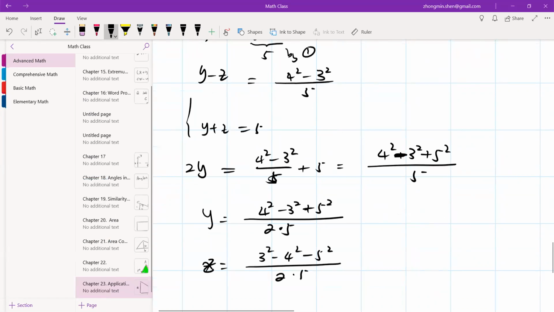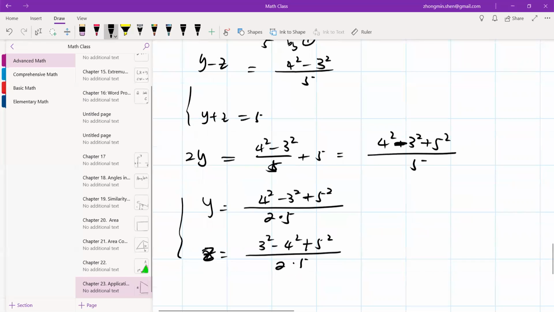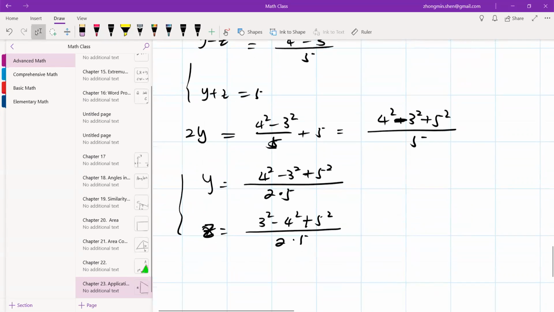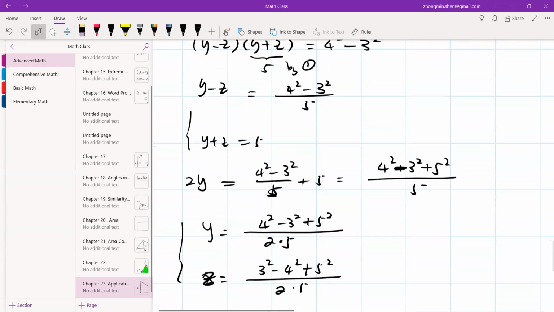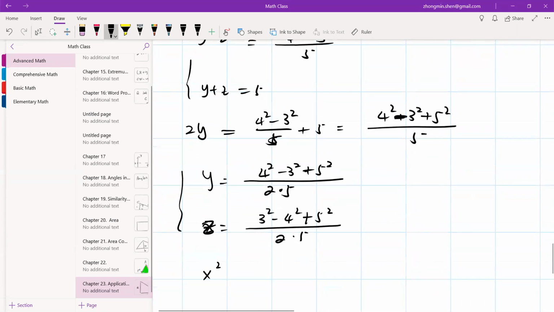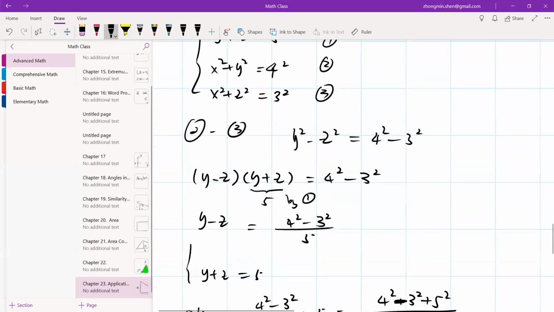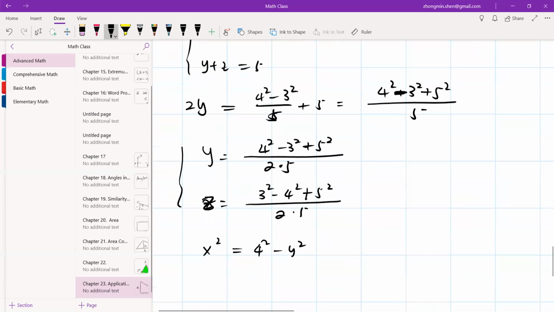So add them together, you get 5, and then using y and z you can get x by the Pythagorean theorem. How to get x here? x squared plus y squared equals 4 squared. So from here, 4 squared minus y squared, and you can solve the problem. Okay, so you can get x.